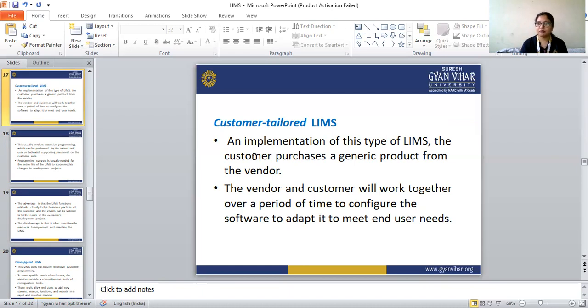After purchasing the generic product, the vendor and the customer work together over a period of time to configure the software and adapt it to meet end user needs, meaning whichever configuration the customer wants is provided by the vendor.